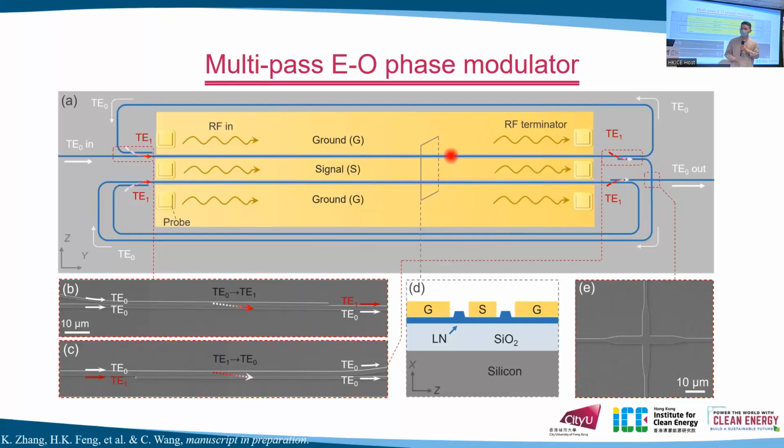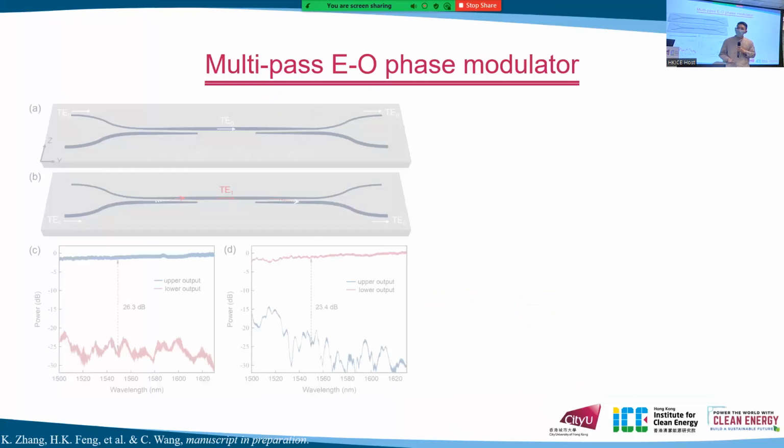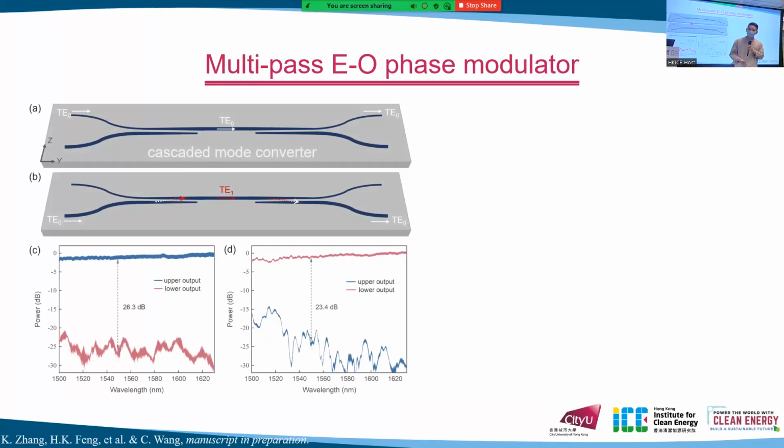For this modulator, the key components are the mode converter and the crossing part. So we designed this cascaded mode converter to evaluate the mode converter part. We can see that if the light comes in from the upper port, it will go out from the upper port.